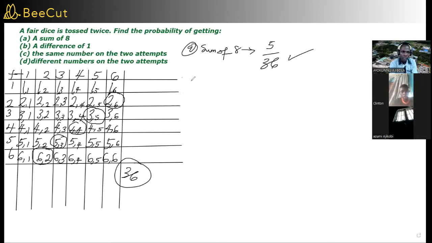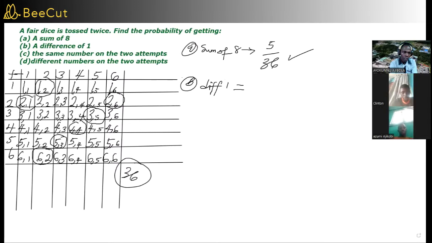Now, the second question says a difference of 1. So which ones will give us a difference of 1? 1 minus 1 will not give us 1, but 2 minus 1 will give us 1, yes or no? Yes, sir. So if you subtract this, you get 1.